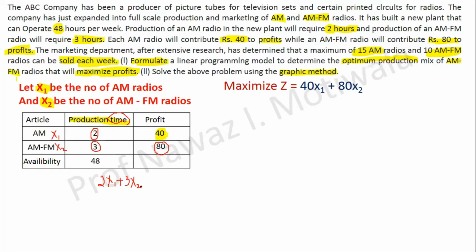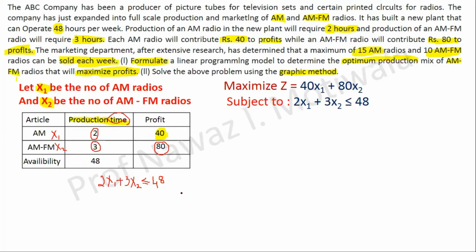It is also given that the plant operates only 48 hours per week. That means all this production of AM and AM/FM radios should be within 48 hours. Hence it should be less than or equal to 48. So my first equation, subject to, is 2x1 plus 3x2 less than or equal to 48.